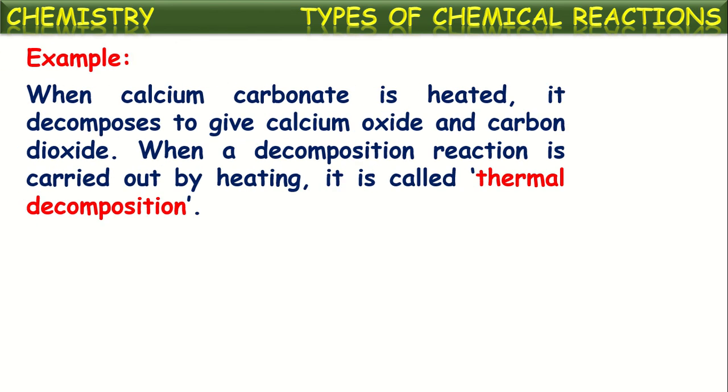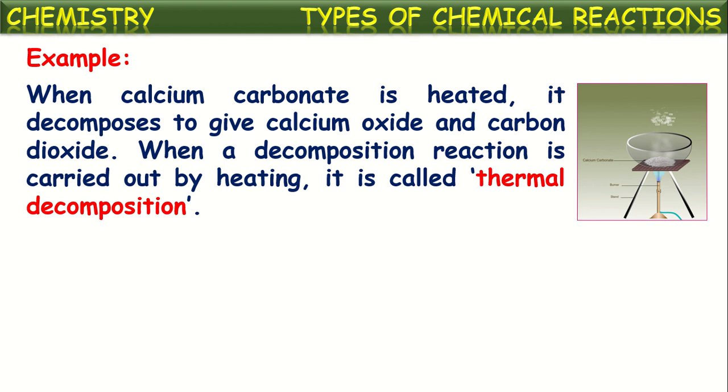For example, when calcium carbonate is heated, it decomposes to give calcium oxide and carbon dioxide. Okay, here calcium carbonate is decomposed by heating into two simpler substances. So when a decomposition reaction is carried out by heating, that reaction is said to be thermal decomposition reaction.